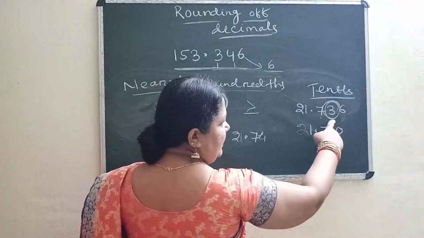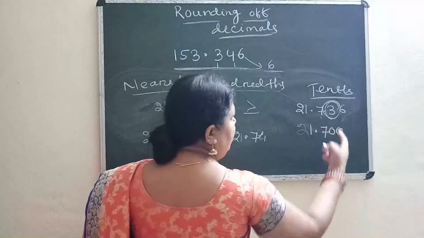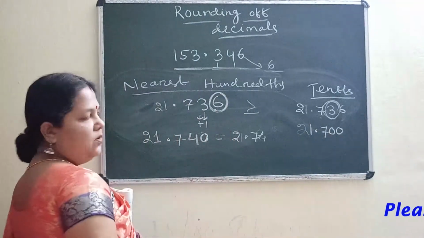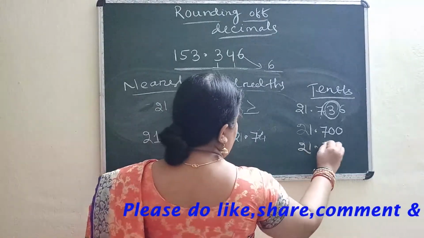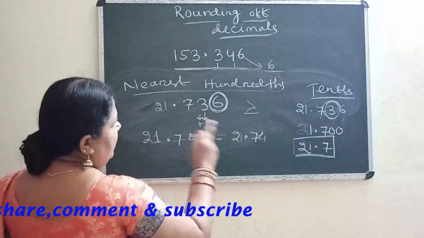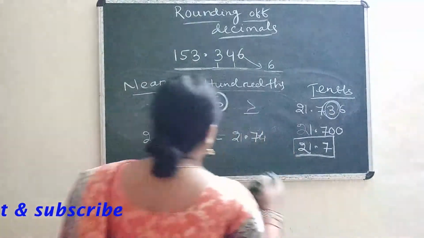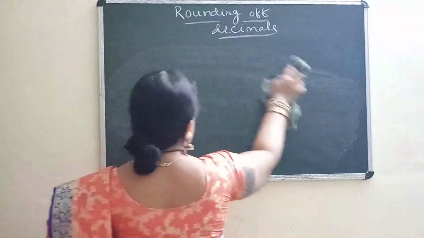So if this one is less than 5, then this place will remain the same and the places after it will be replaced with 0. So this one will be 21.700 or 21.7. Clear? So in this way you will round up or estimate in decimal places.